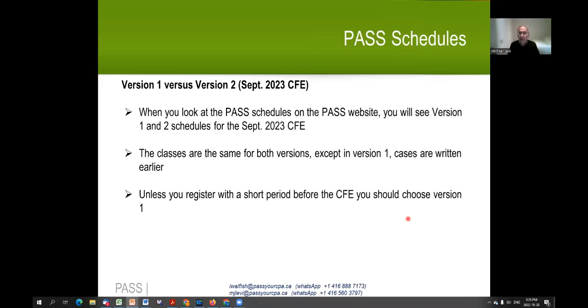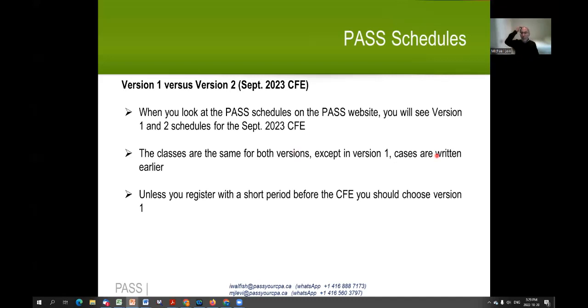And what you're going to see for the September exam are two versions, a version 1 and a version 2. The reason we have these two versions is one version begins earlier than the other. So the classes are the same for both versions. It's an identical course, but the advantage of version 1 is you begin to write cases earlier.